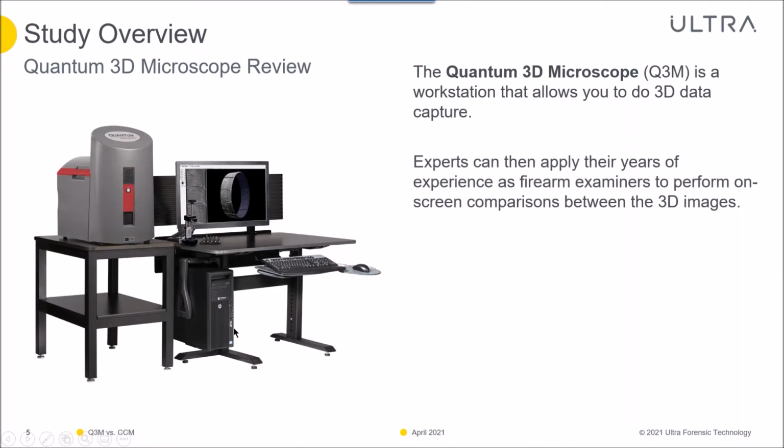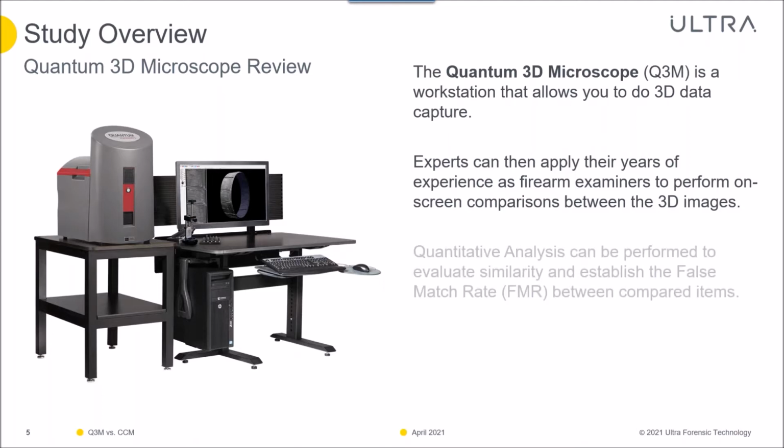And the point of quantum is to allow experts to use all the experience they've developed as firearms examiners and apply that to doing 3D comparisons on screen of items such as bullets or even the outside body of cartridge cases for chamber marks, ejection port marks, areas such as that. It allows them to do that sort of work. All the experience they've developed over the years on the comparison microscope is immediately applicable to their work experience using the quantum software.